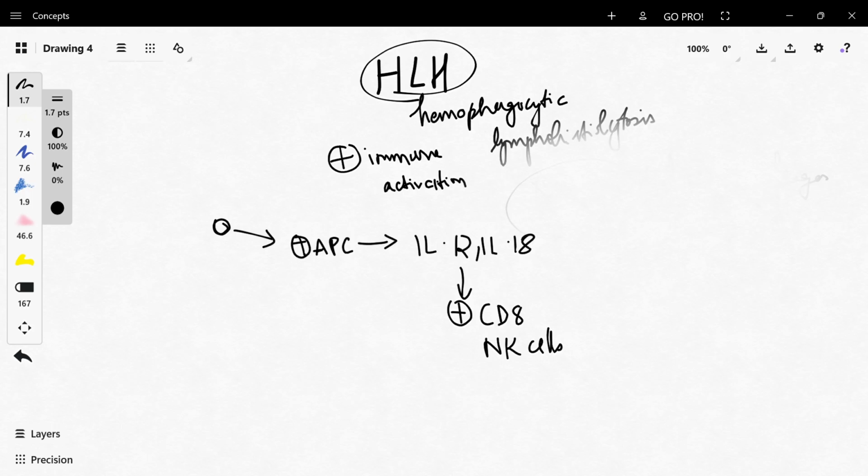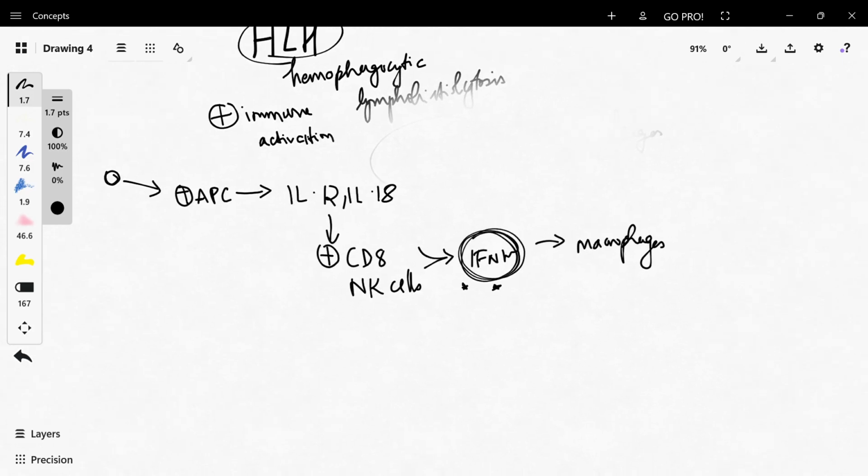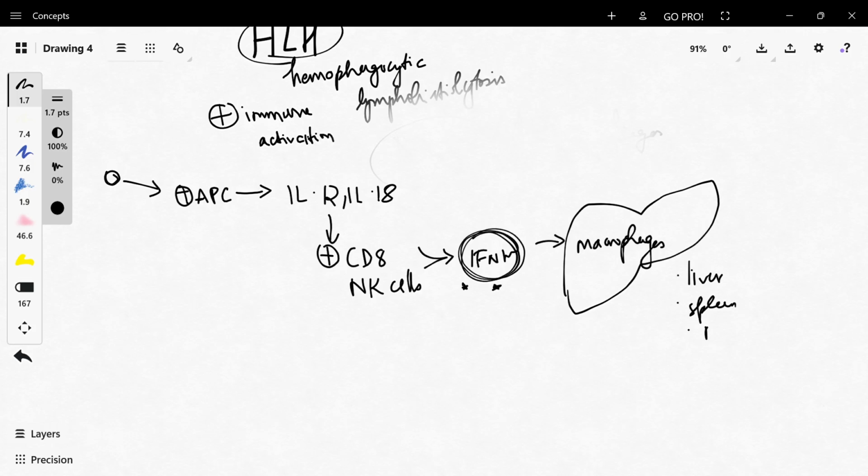They release interferon gamma, which is the main cytokine that activates macrophages, right? And as you know, a large part of all the macrophages in your body happen to be in your liver, spleen and bone marrow. Okay.